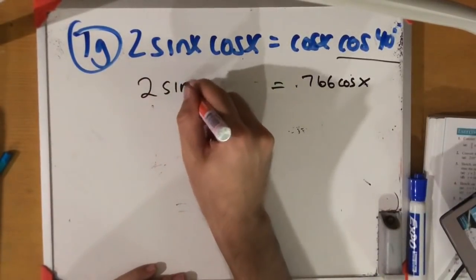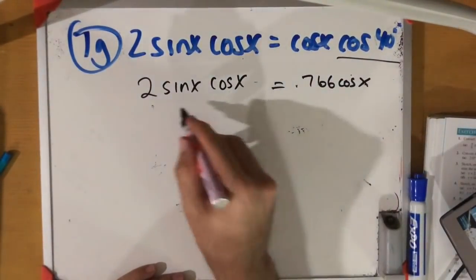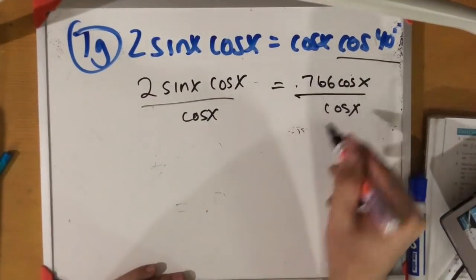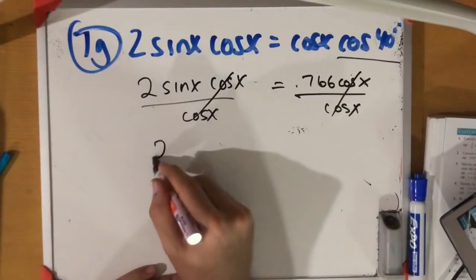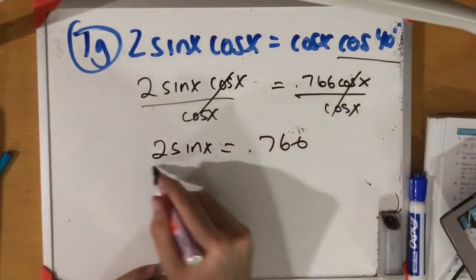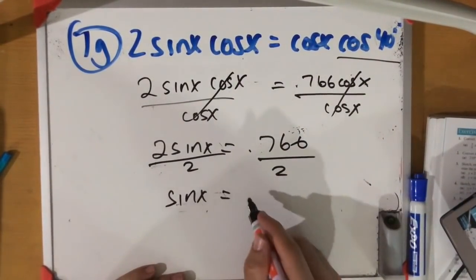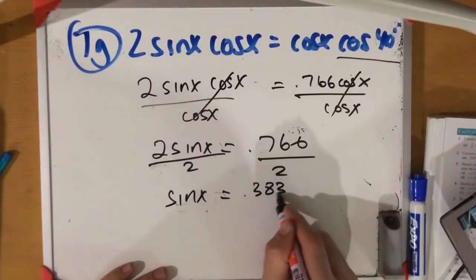And of course, on the other side, we haven't changed anything. How about we divide by cosine x? This will end up canceling out. This will end up canceling out. So you have 2 sine x is equal to 0.766, divided by 2, and sine x is equal to 0.383.